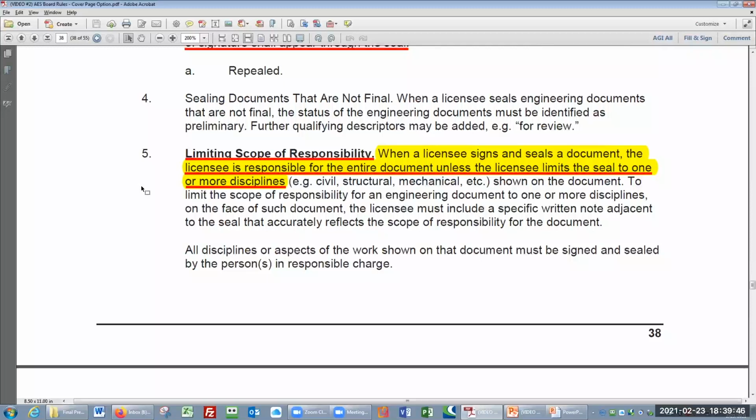That protects you. So it's a small thing to ask. It is required, and you do need to do it. So I believe that covers the review of what you need to be aware of when using the option to seal cover pages.